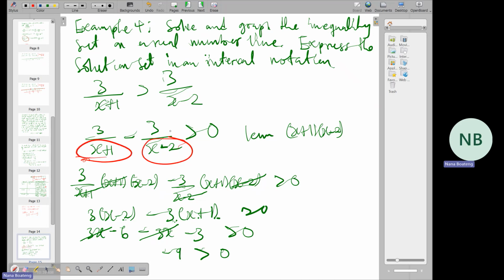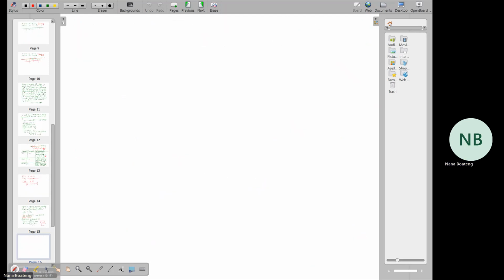So x plus 1 equal to 0 means x is equal to -1, which will be a boundary value, and x minus 2 equal to 0 means x is equal to 2, which will also be a boundary value. So on the number line we have boundary values of -1 and 2.